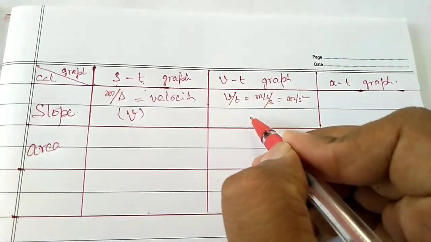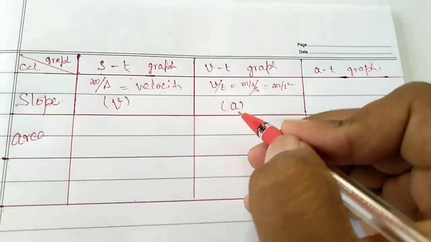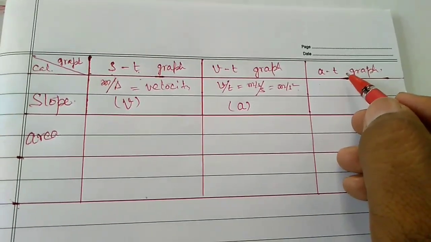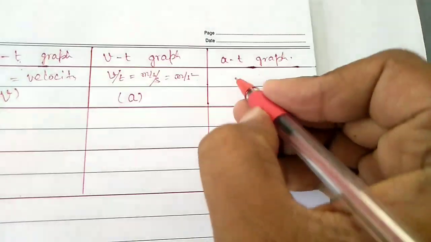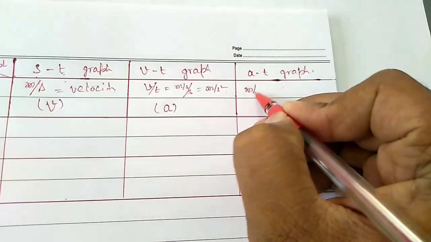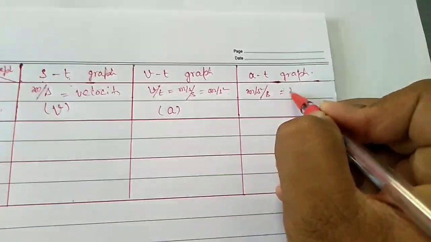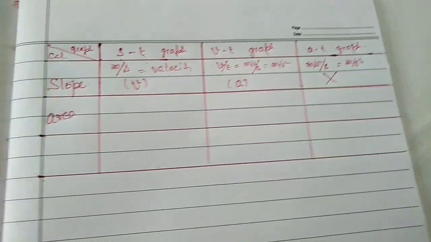So on VT graph if you are calculating slope, you are calculating acceleration. And the third, in the acceleration time graph, on calculating the slope you are getting nothing. I am showing you meter per second square divided by second on the y-axis. It becomes meter per second cube. So no physical quantity we are calculating.